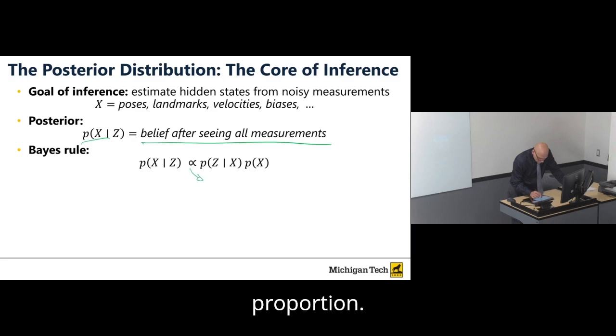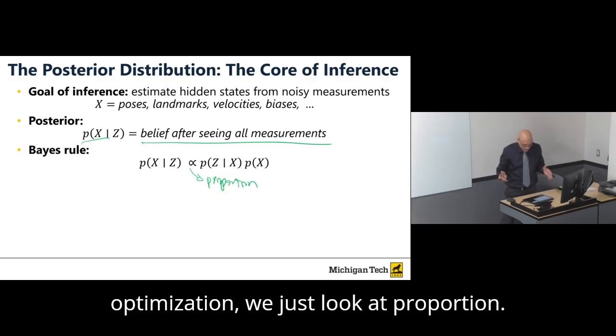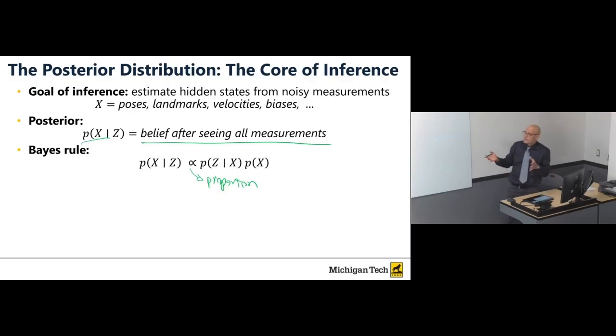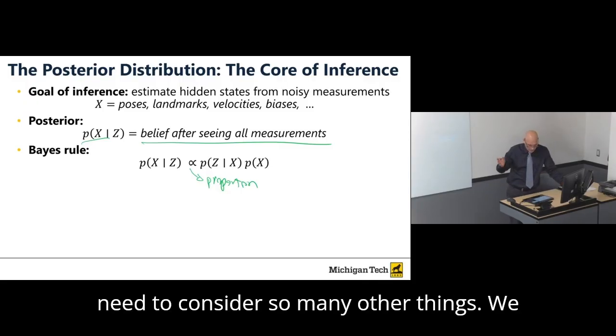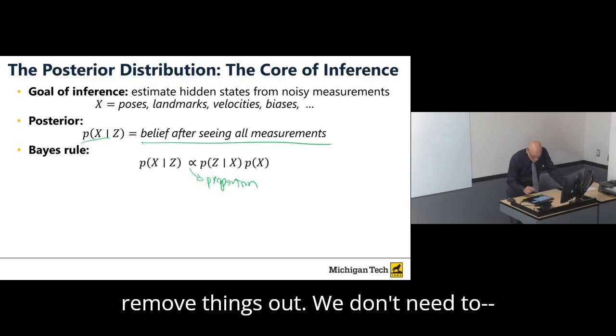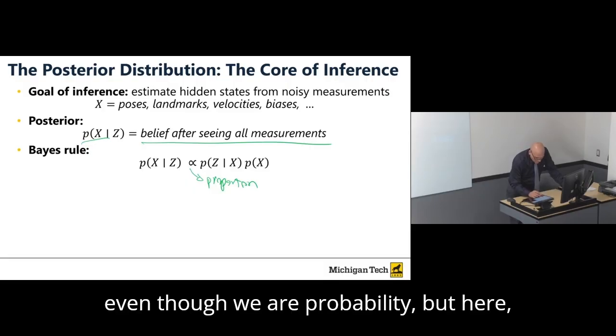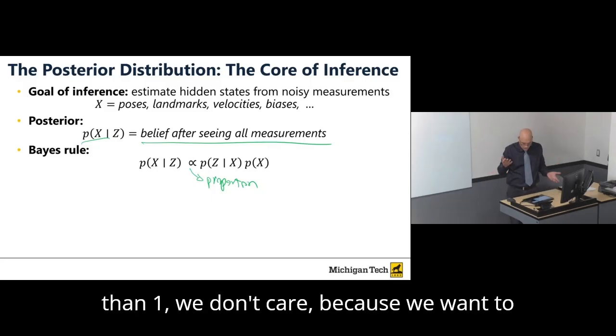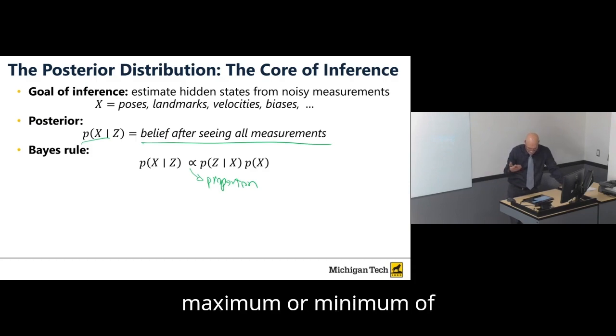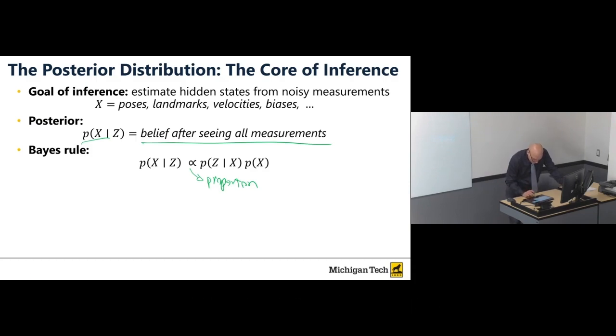And this symbol means proportional. In optimization, we just look at proportion. Proportion is very important. We don't need to consider so many other things. We remove things out. Even though we are dealing with probability, even if they add up to something higher than 1, we don't care, because we want to optimize it. We want to find the maximum or minimum of that.